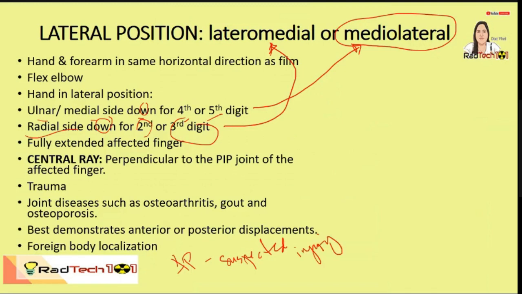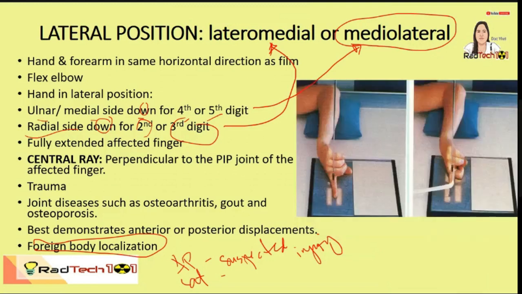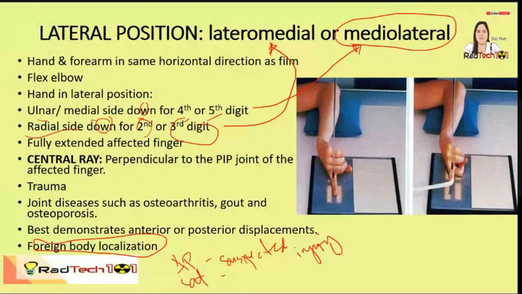So yung ating lateral is for foreign body localization. So ito siya. So ang ating area of interest is the second digit. So as you can see, the radial side is down. So yung radial side niya is down. So for the third digit, so radial side din.